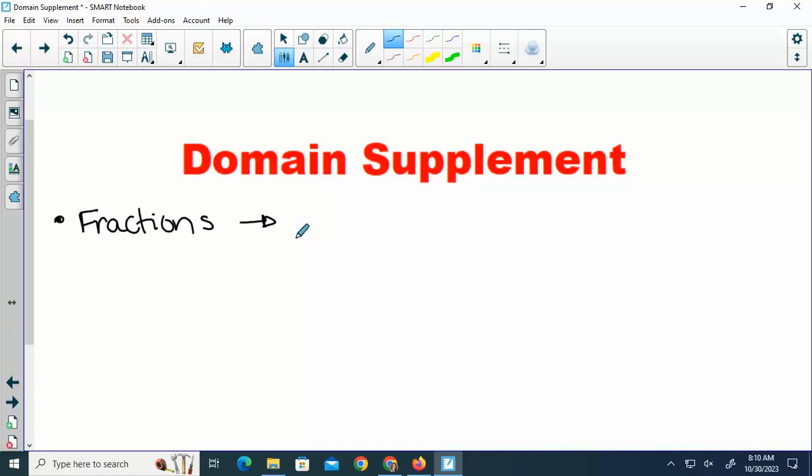There's one thing we can never do. And if you try to put it in your calculator, it even gives you an error message. We can't divide by 0. So in a fraction, the denominator cannot equal 0. It doesn't matter what the top of the fraction is, but no matter what, the bottom of the fraction cannot be 0.